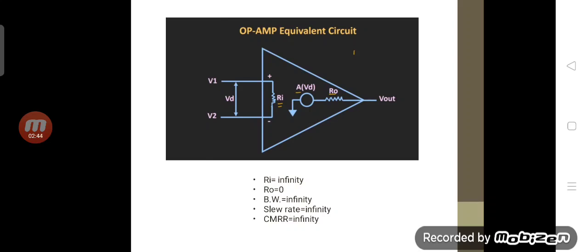So this common mode rejection ratio basically defines how well the op-amp is able to reject the common input voltages applied to both its input terminals, and how well it is able to amplify the difference between the two voltages. So for ideal op-amp, the value of the common mode rejection ratio should be equal to infinity. But a practical op-amp does not have an infinite input as well as output.